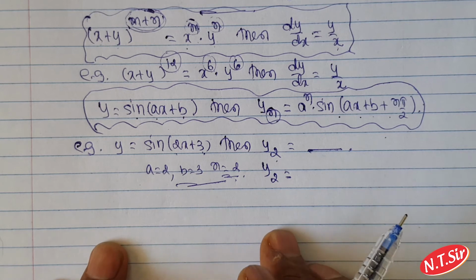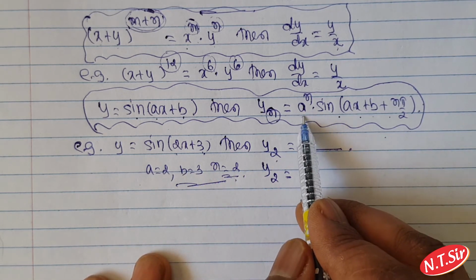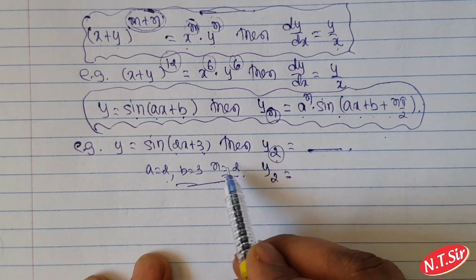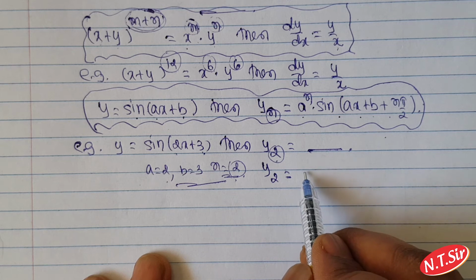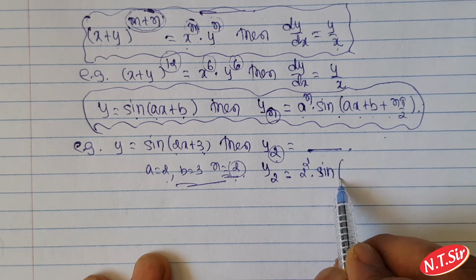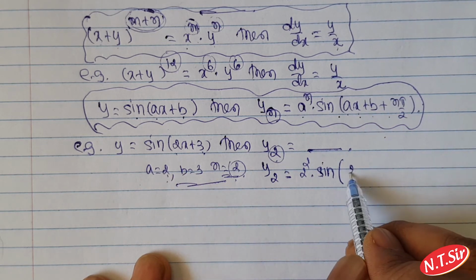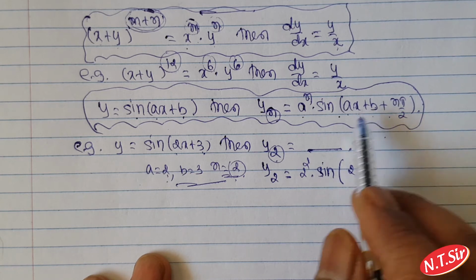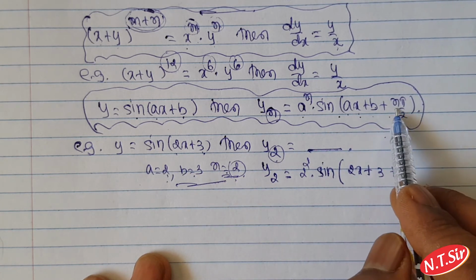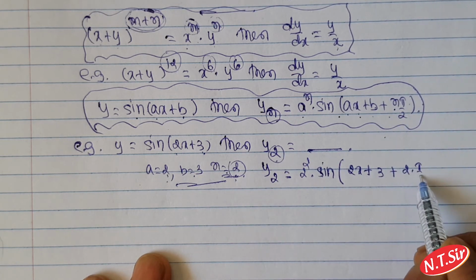And n is 2. So substituting the values of a, b and n, y2 is equal to a raised to n; a is 2 raised to n, which is 2, so 2 raised to 2 into sine (ax, where a is 2, so 2x plus b, where b is 3, so 3, plus n pi by 2, where n is 2, that is 2 into pi by 2).